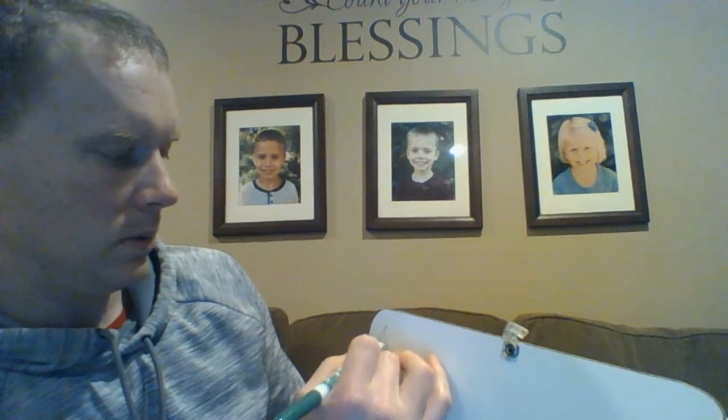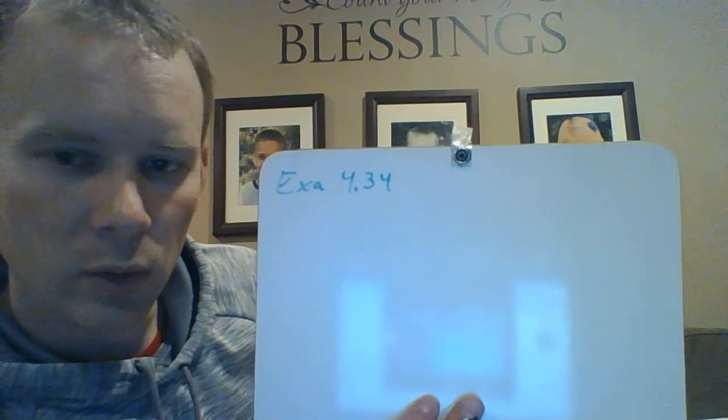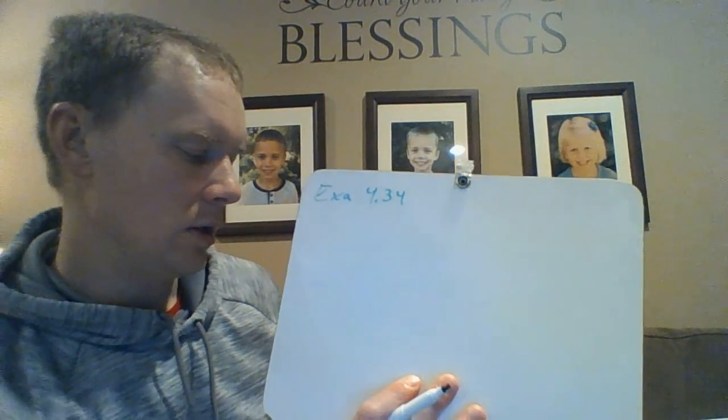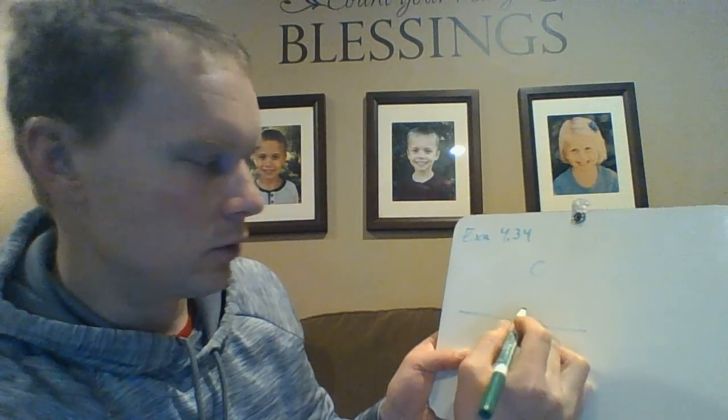I also wanted to do one other one with you. So this is actually example 4.34 from section 4.7 in your online textbook. So again, read through it so you know what we're talking about here. But I believe it's basically saying there's an island and a shore. This is the island, this is the shore.